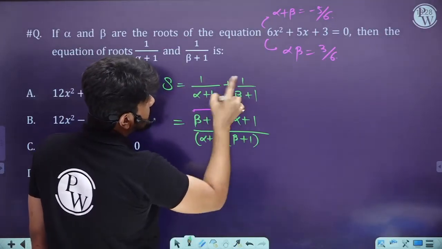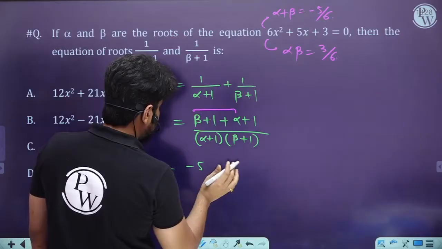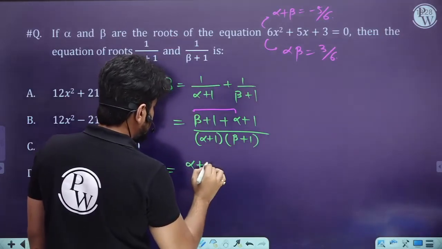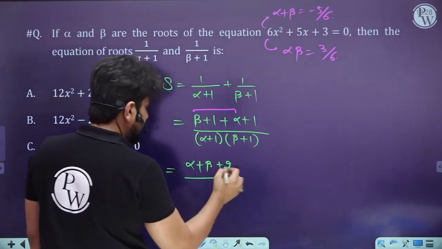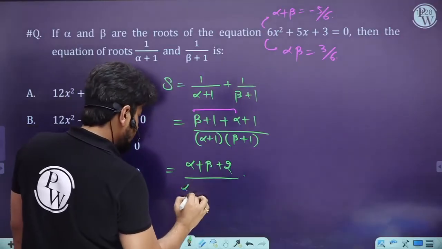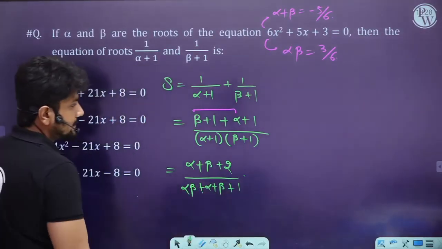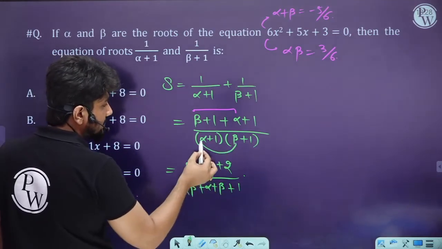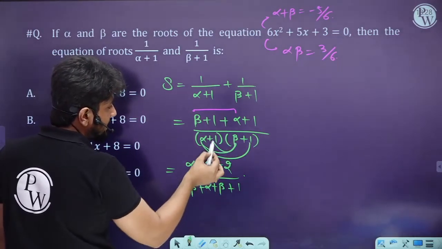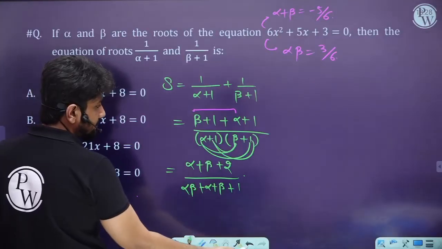So alpha plus beta, let's put its value as minus 5 by 6, or you can just put alpha plus beta plus 2. Okay, if you multiply the denominator, you get alpha beta plus alpha plus beta plus 1. See their product, alpha into beta, alpha into 1, 1 into beta, 1 into 1. This is what you get, right?